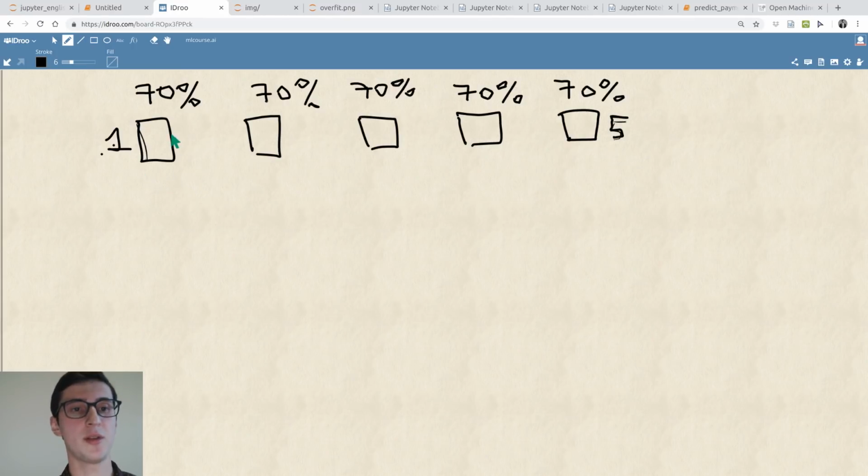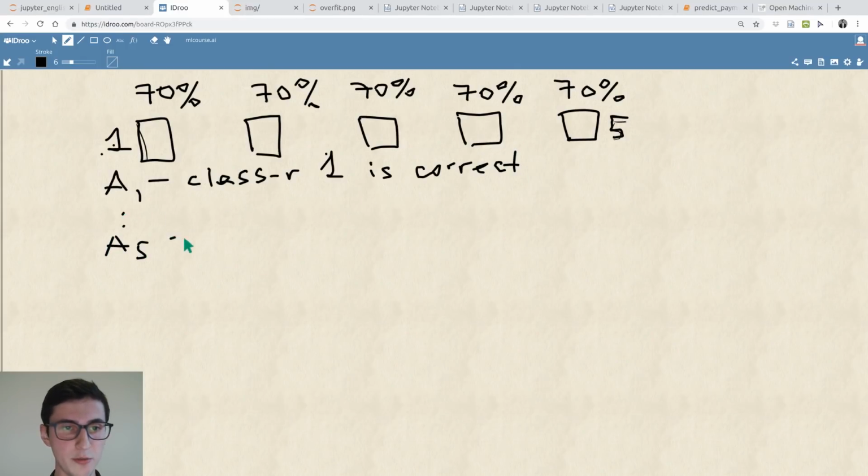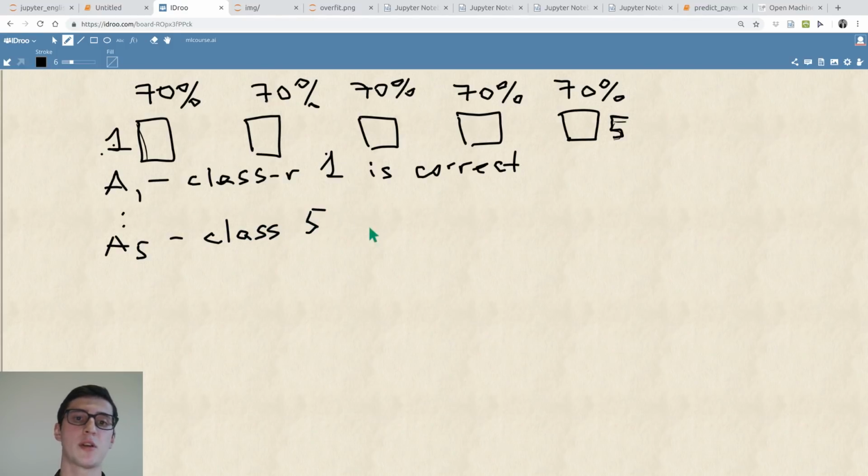So let's say that A1 is the random variable, and the corresponding event is that classifier 1 is correct for some test object. And so on till A5, that classifier 5 is correct.